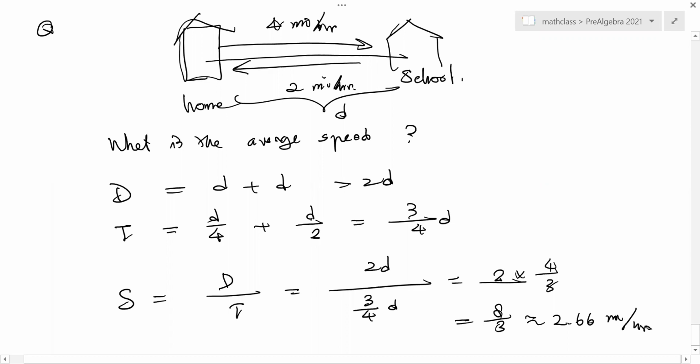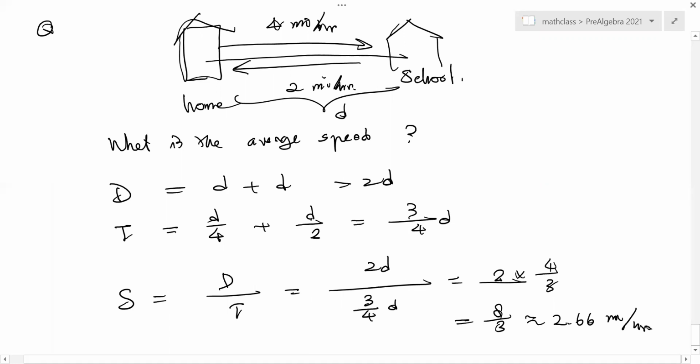So this is a very typical, pretty tricky problem. Sometimes you're confused because, unlike the similar problem I discussed before where I gave you the distance, here the distance is not given, but you name the variable. You can say about 1 mile between your home and the school, but it doesn't matter.